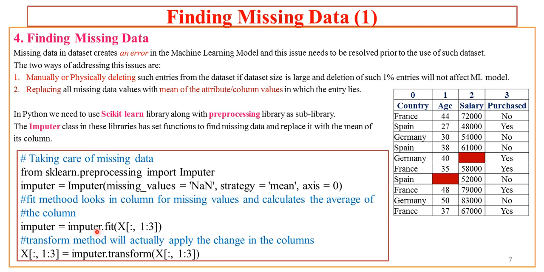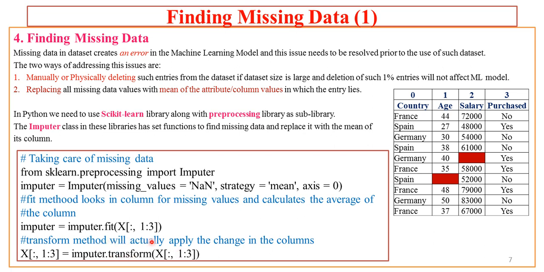But what we need to do is transfer this calculation and replacement onto our original data. So how to do that? We are now saying that our new set X, that is the set of independent variables, is to be replaced, with the missing values replaced by the mean value, and that is done by something called the transform method.